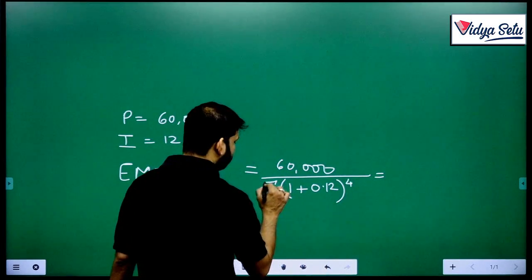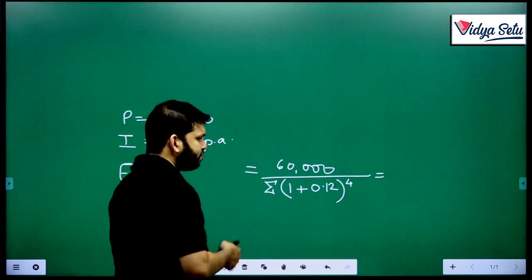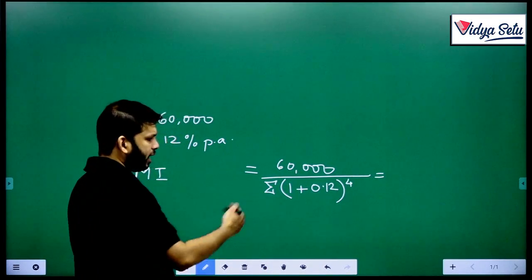Okay, and this is an auto sum. So we need to calculate every year's interest and then add it.